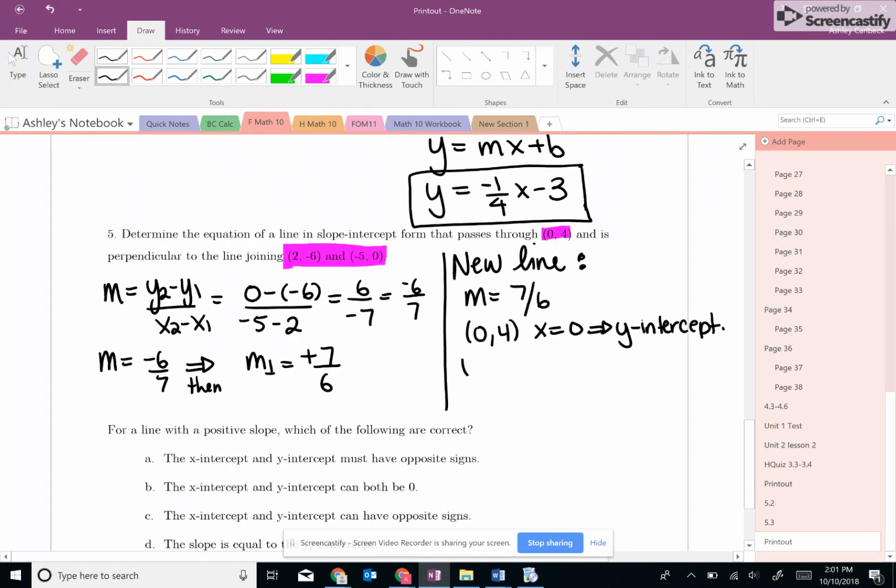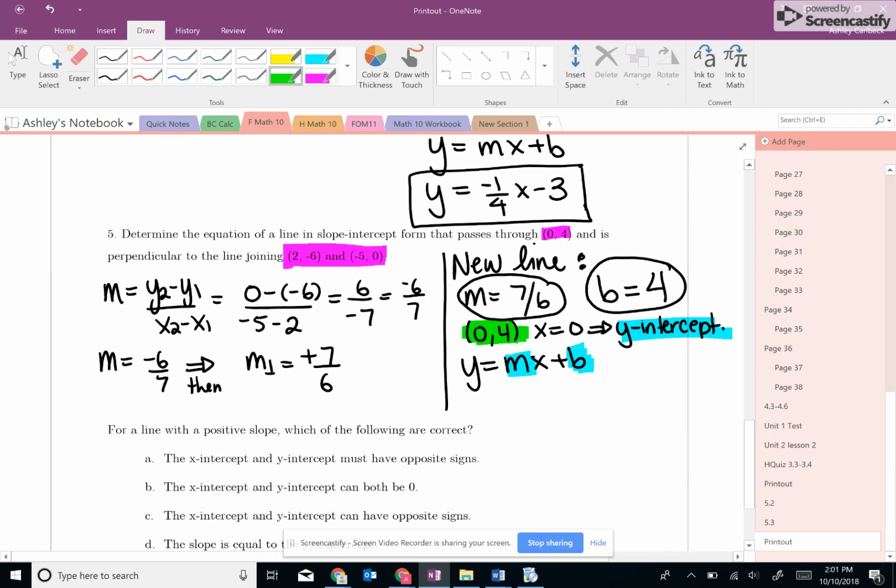If we're looking at y equals mx plus b, I'm looking to fill in my coefficient for slope and my y-intercept. I know my y-intercept is going to be 4. So slope is 7 over 6, and my y-intercept is 4, because it goes through the point (0, 4), which is the y-intercept.